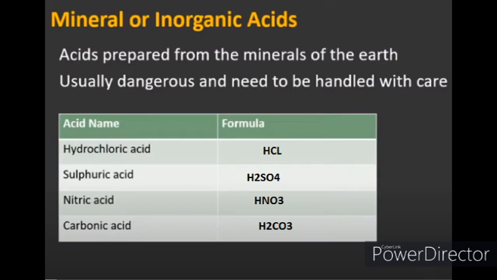Basically, inorganic acids are prepared from the minerals of the earth, and these acids are highly dangerous and need to be handled with care. These are a few examples of inorganic acids. First is hydrochloric acid, whose formula is HCl, then sulfuric acid H2SO4, nitric acid HNO3, carbonic acid H2CO3.